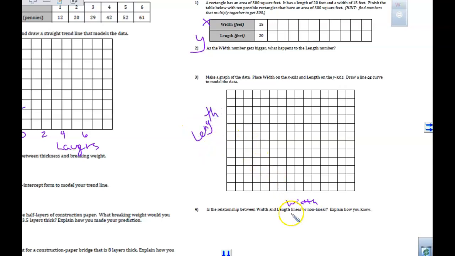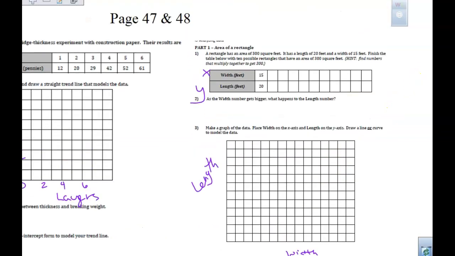When I read the problem, Jack, you're on this page, or on 48, because this is where people are struggling with it. I have a rectangle whose area is 300 square feet. The length is 20 and the width is 15. Finish the table below in terms of 10 possible rectangle areas. Hint, the numbers have to multiply to 300.